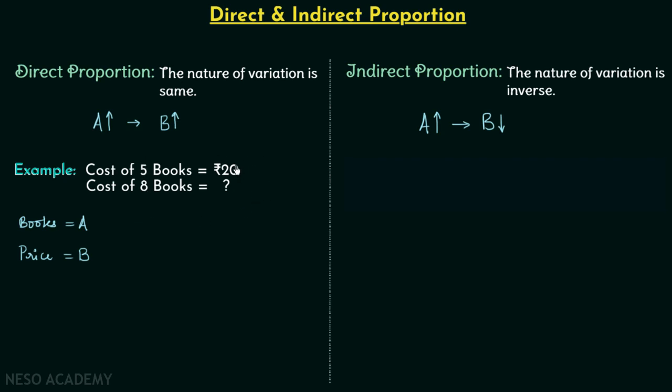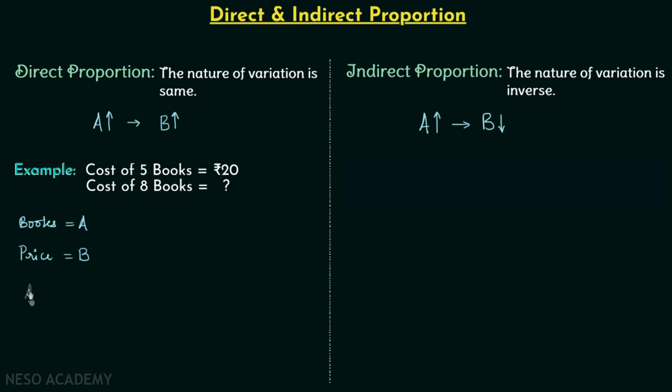Quantity B is 20, and when you increase quantity A, that means when you increase the number of books, what will happen to the price, the quantity B? The price will also increase. It is obvious, the price will increase. It will be more for 8 books than 5 books. So when you are increasing A, B is also increasing, and therefore we have direct proportion between books and price.